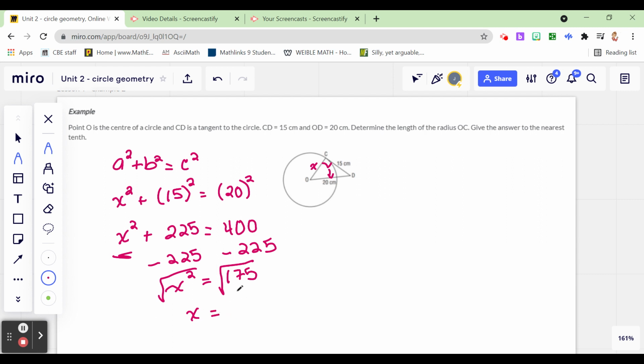At this point, it says give the answer to the nearest tenth, so I know it's okay for me to put it as a decimal. I'm going to plug that into my calculator and make sure I round appropriately. So it ends up being 13.2, and the hundredth number is 2, so I wouldn't round up. And the tenth is just to one decimal place. So that would be my solution.